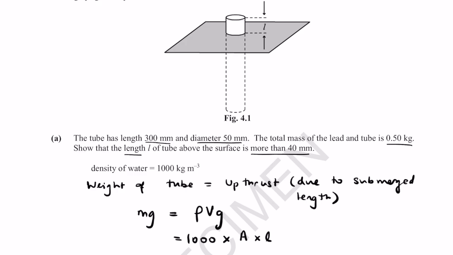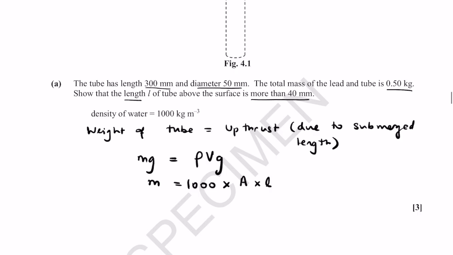I'm just going to cancel out the gravity, so I'm left with m equals rho A L, or 1000 A L. So L is 0.5 divided by 1000 times pi times the radius, 25 millimeters, so 0.025 squared, and that will give me a value of about 0.25 meters.